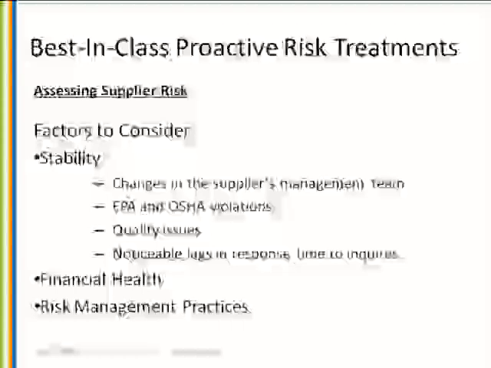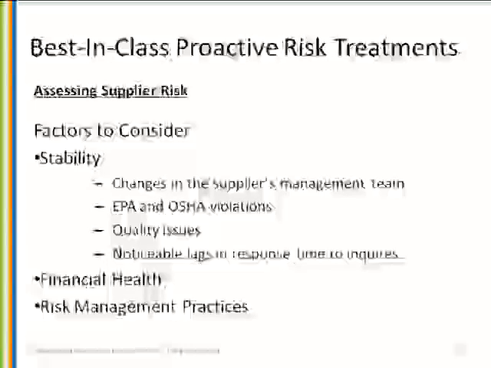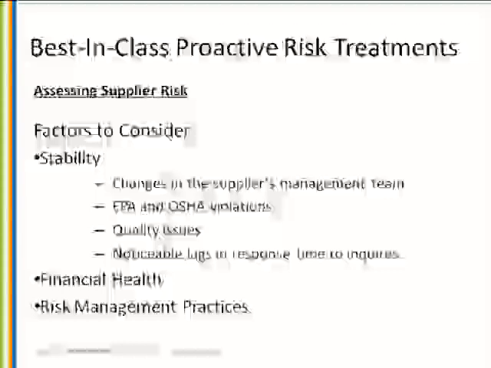There are a number of attributes that could be considered: changes in the management team indicating instability, violations of various regulatory requirements, two of which are listed here, quality issues being a third, and maybe an overall lack of, or lag in, response time to inquiries or communications that might indicate problems.